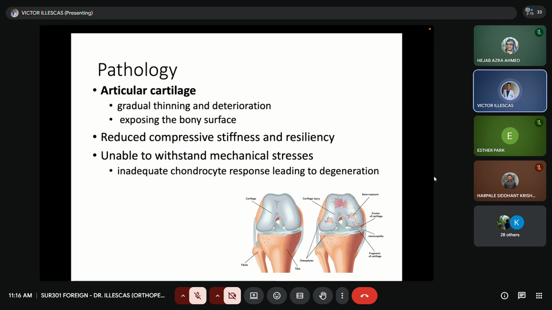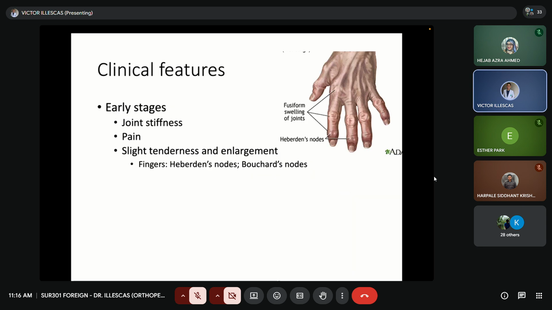No? So there's reduced compressive stiffness and resiliency, and bones are unable to withstand the mechanical stress. There are presence of bone spurs, which are reactive chondroosteospicules or osteophytes.